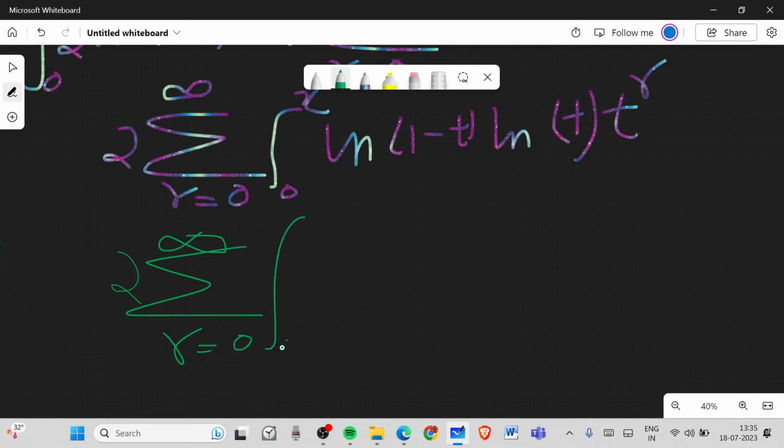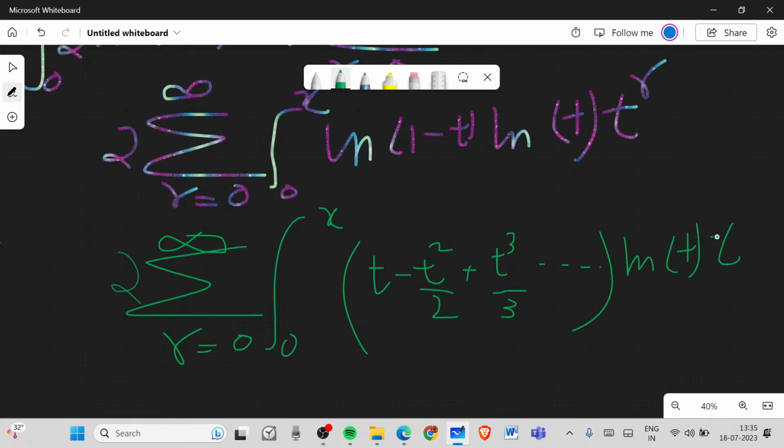Sum r is 0 to infinity, integral 0 to x, and this is basically t minus t square by 2 plus t cube by 3, dot dot dot, ln t, t to the power r.